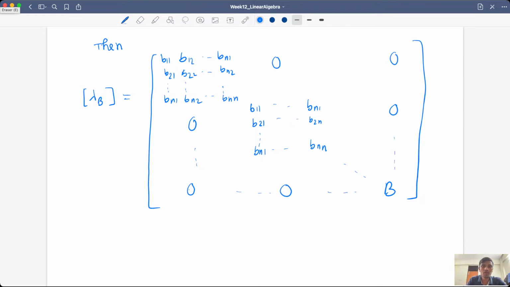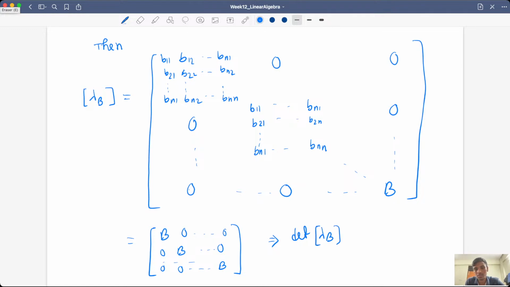Okay. So this is a block diagonal matrix with the diagonal as B. In shortened notation, this is just B 0 0 0, 0 B 0 0, 0 0 0 B. So an n square cross n square matrix with n cross n blocks on the diagonal equal to B. It can be shown that whenever you have a block diagonal matrix with only the diagonal entries nonzero and everything else 0, the determinant of such a matrix is the product of the determinants of the diagonal blocks.